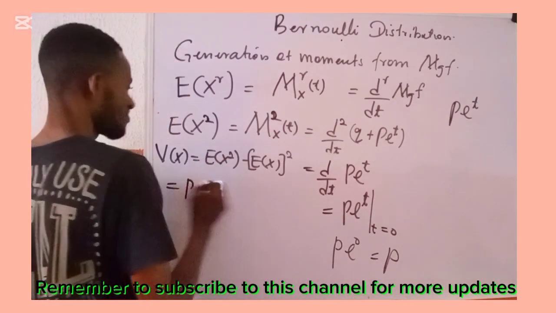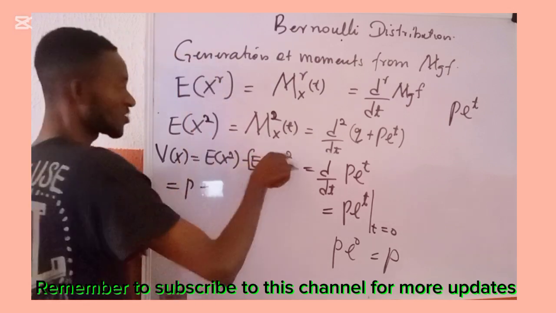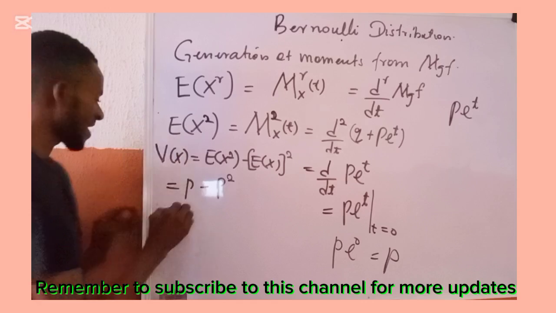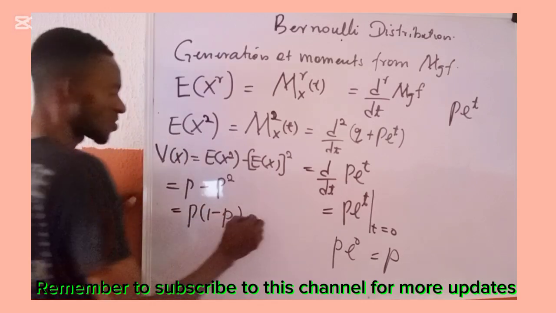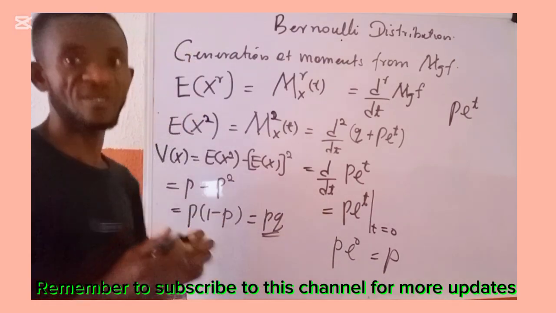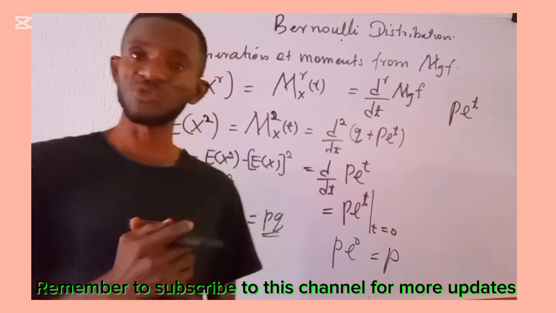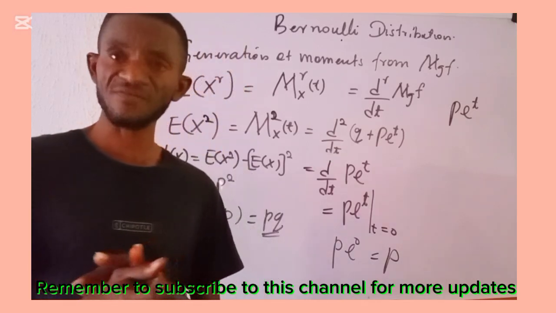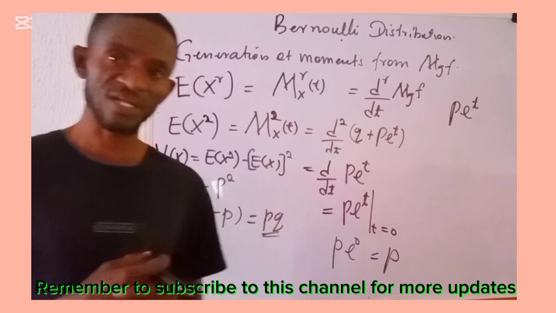So I have p minus E of x inside this bracket gave us p earlier with this square here. So I have p raised to power 2. Like I said earlier, this equals p into 1 minus p, and 1 minus p is q. So this equals pq. And we have gotten the variance of that random variable x, that follows a Bernoulli distribution, from the MGF of that random variable x. So this is actually how to generate all those things from them.